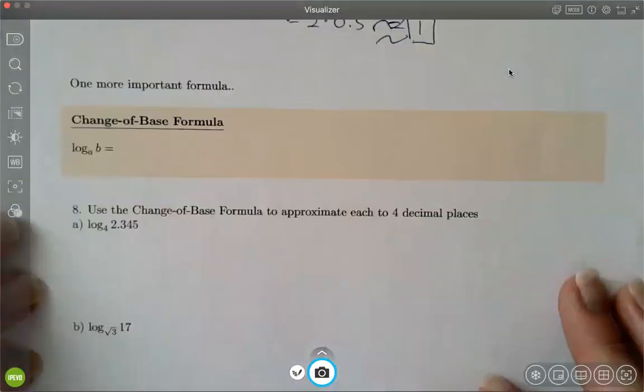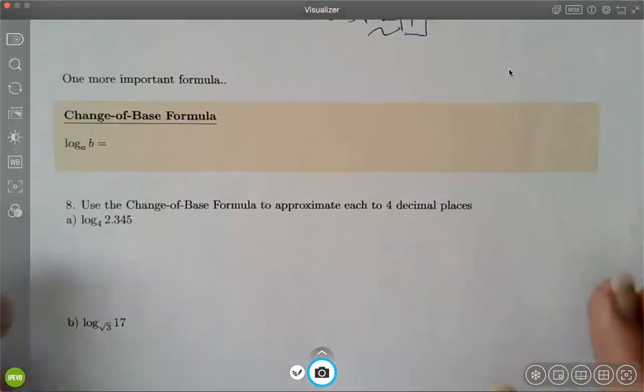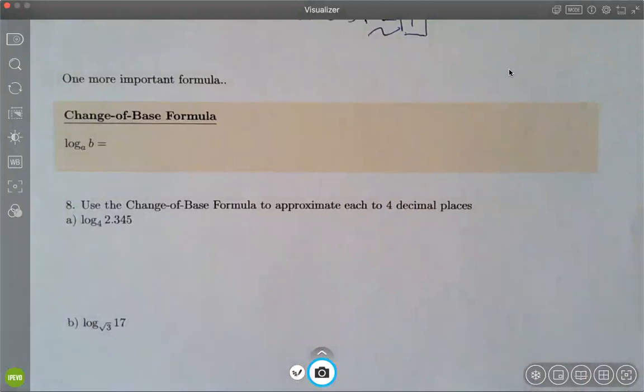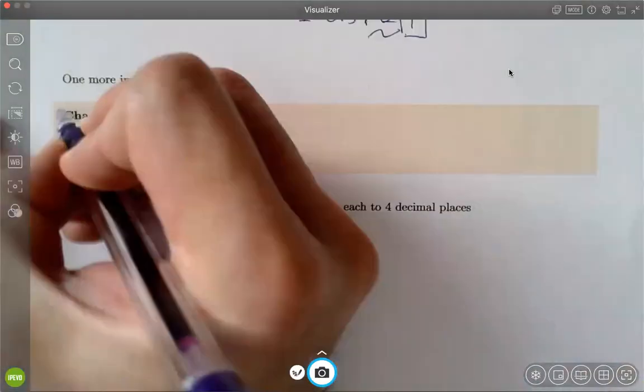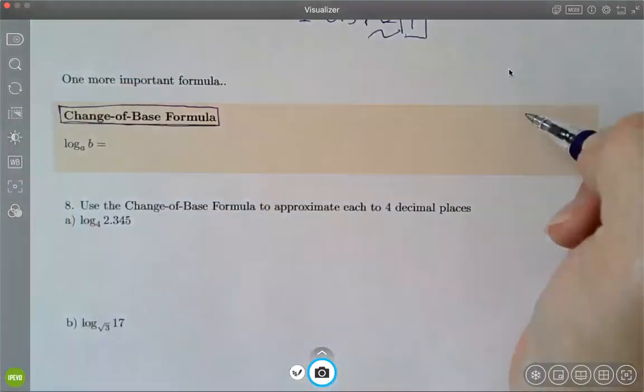So that's that. And now the last concept of the section is another important formula. And here comes another calculator problem. Okay, but first, change of base formula. So basically, when people invented the logarithm, maybe more than 1,000 years ago, people back then didn't have calculators. There was no technology.